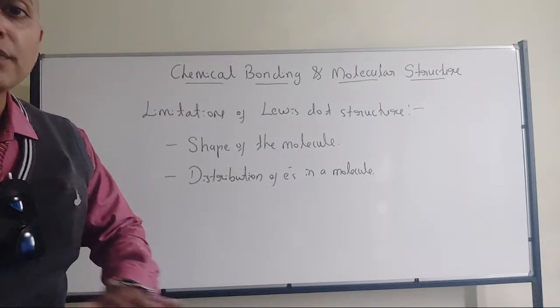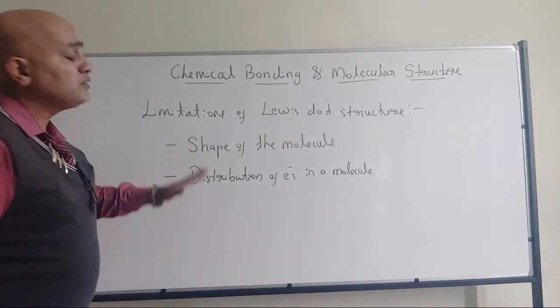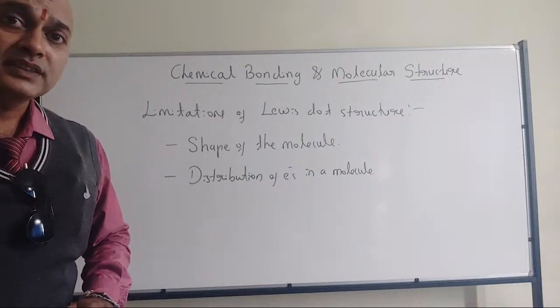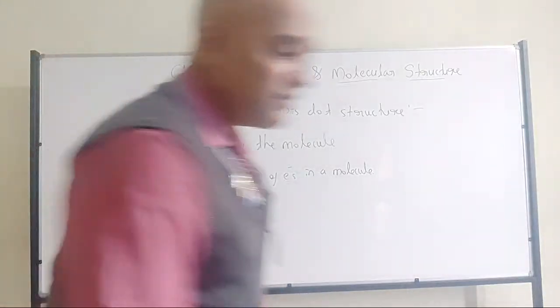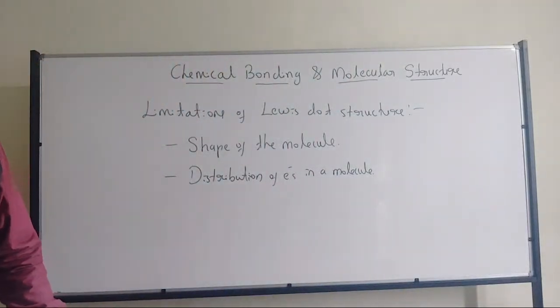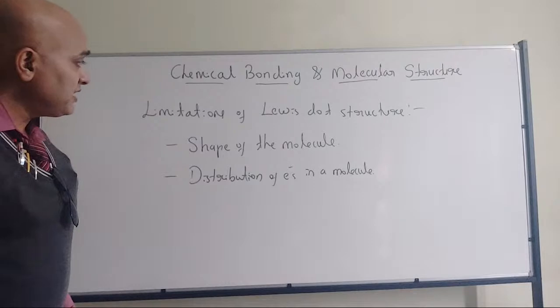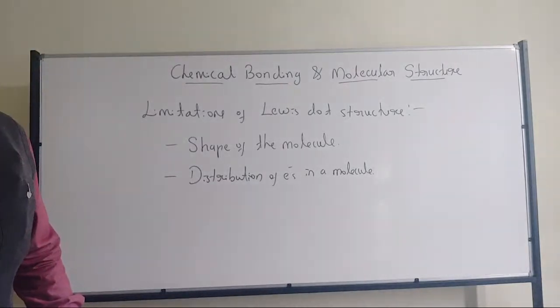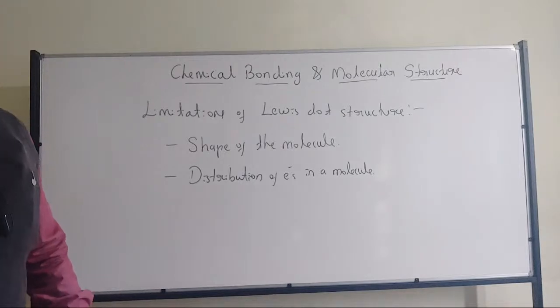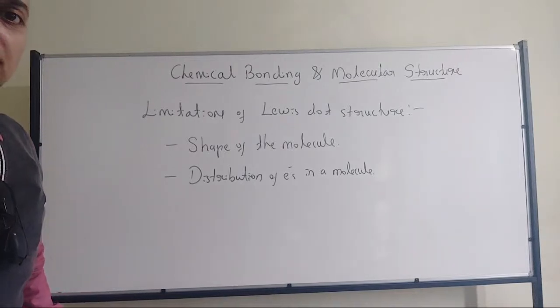All this information is not given by the Lewis dot structure. Very important: it will not give the shape of the molecule, and it will not give how the electrons are distributed around the atoms in a molecule. All of you have understood?